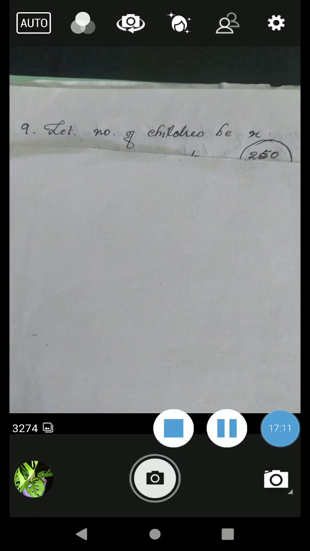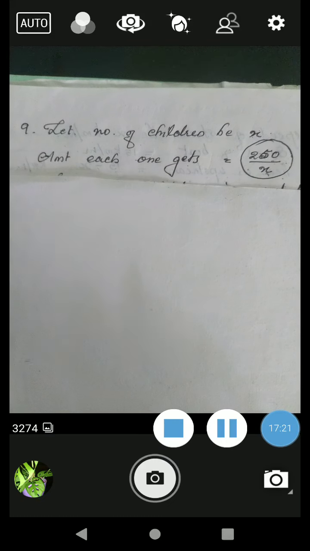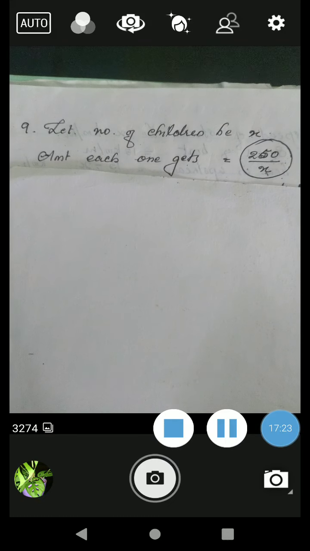This is to be found out, number of children. Okay. Total amount is rupees 250, divided equally among a certain number of children x. Now we can find amount each one gets. That is total amount divided by number of children, that is 250 by x.